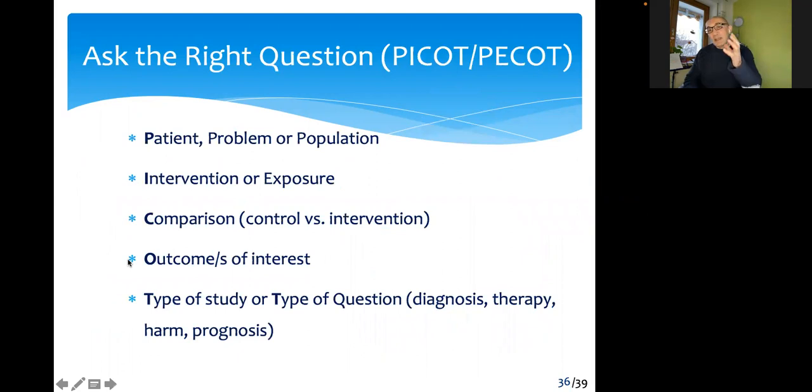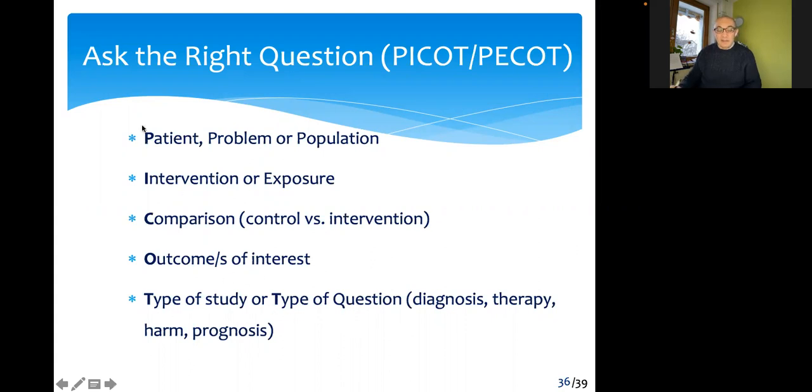So, since the first step in practicing EBM is asking the right question, I must finish with presenting this slide about the PICO. They may call it also PECO, PICO, PICOT, PICOTT at the end, double T's.